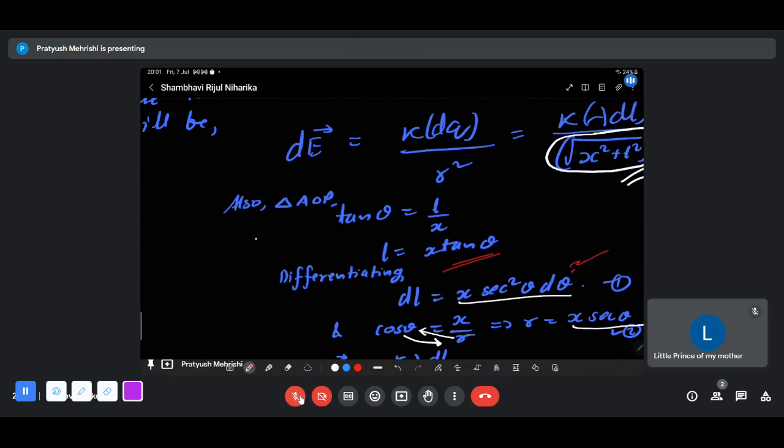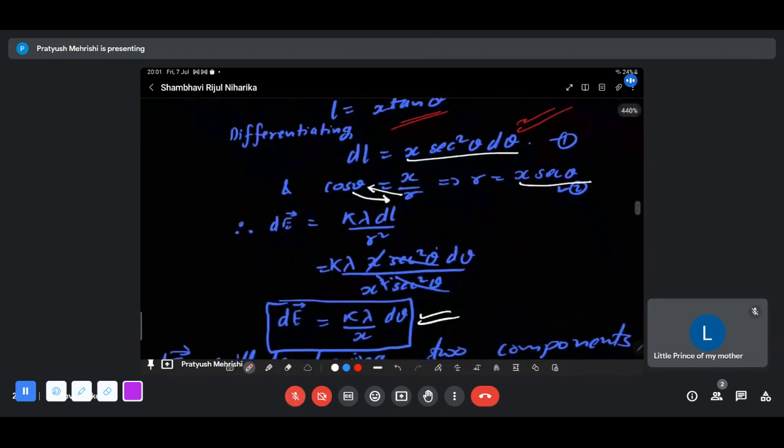If we differentiate, we will get dl equals x sec square theta d theta. Cos theta here is x by r. Same as the previous case, r is equal to x sec theta. r will come on this side, and cos theta will come on this side. So x upon cos theta, we will get. x upon cos theta is x sec theta.